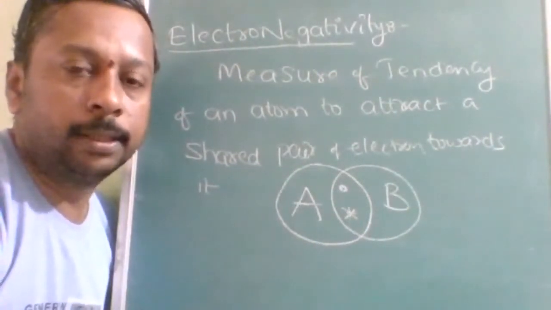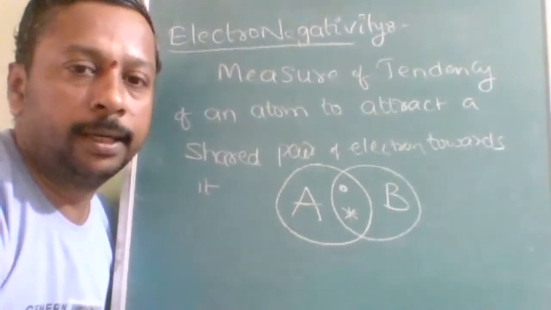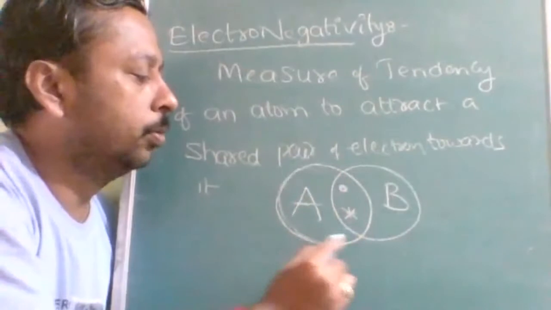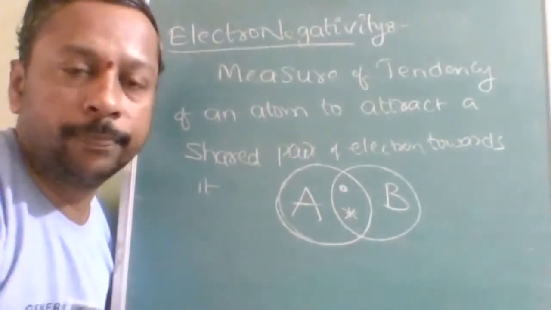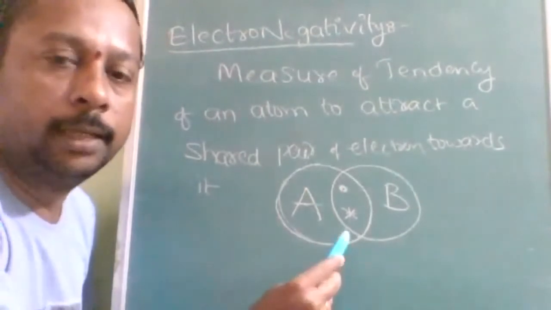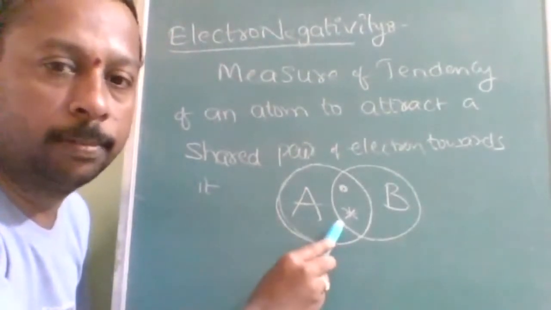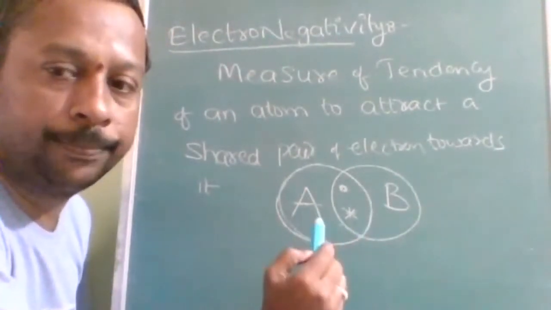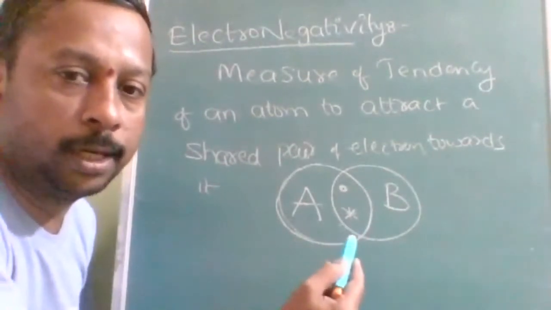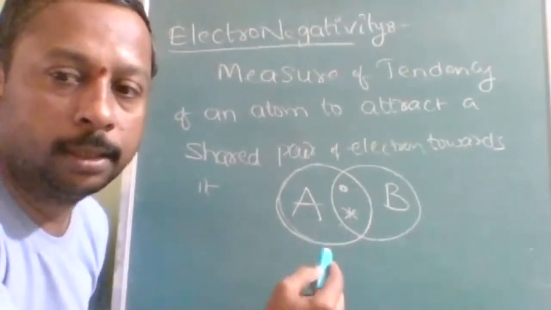But they have different tendencies. They don't share this electron pair equally. There will be unequal sharing of this electron pair between A and B. Either one of them can share more and the other can share less.